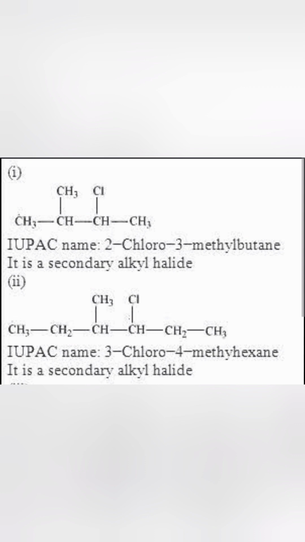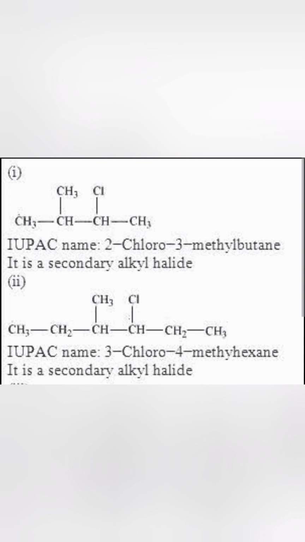Let us start with 2 other compounds. Now here the compounds are given. First, to identify, this is a secondary alkyl halide. The second one is also a secondary alkyl halide, because the carbon attached to chlorine is attached to 2 other carbons. So this is secondary.